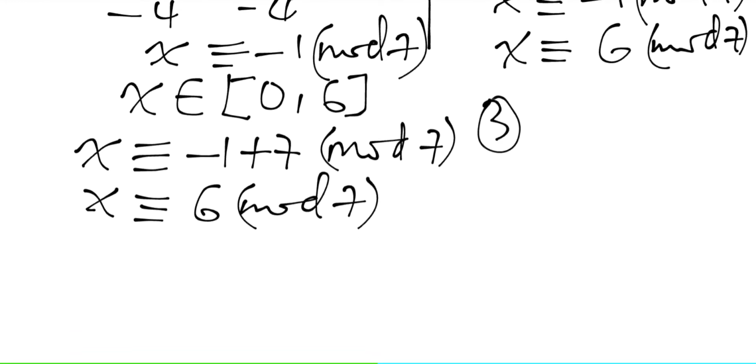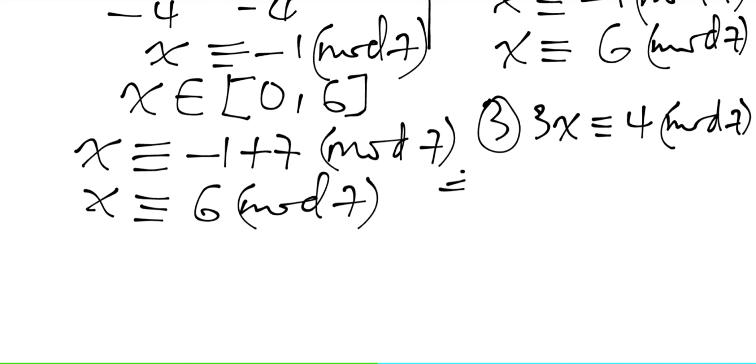Another possibility would be to instead add, so I put again 3x congruent to 4 mod 7. I can instead add the modulo to the right hand side, or rather a multiple of the modulo, in such a way that the right hand side would contain a multiple of the coefficient of x, in this case 3.